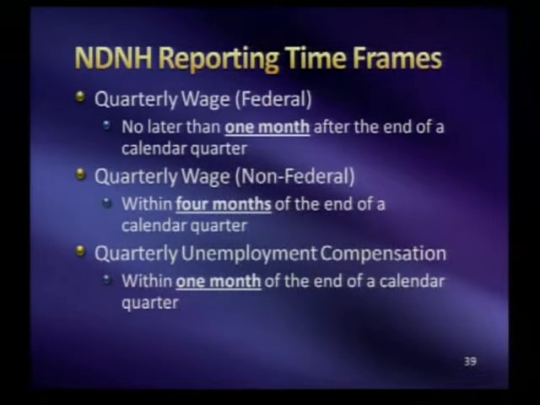For your quarterly wage, federal wages, the employer has basically 1 month to transmit the information from the quarter end date. So for example, this quarter that's getting ready to end September 30th, federal employers have until October 31st to transmit the data. So realistically, in November, you will see quarter 3 2010 data for federal workers.